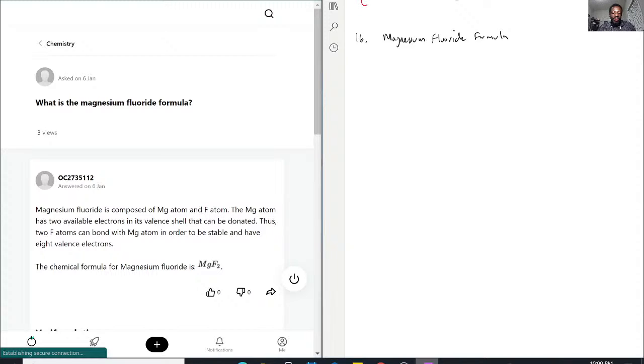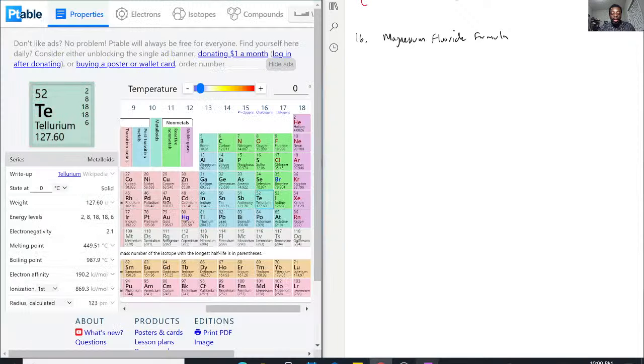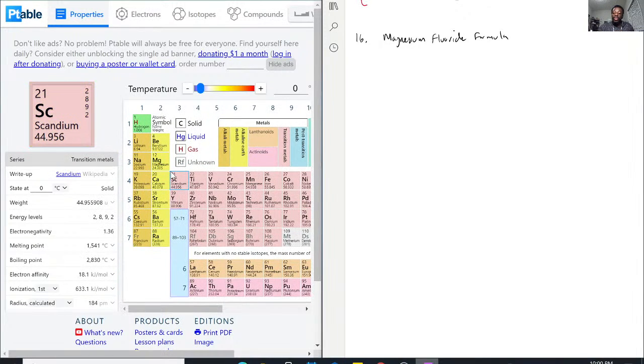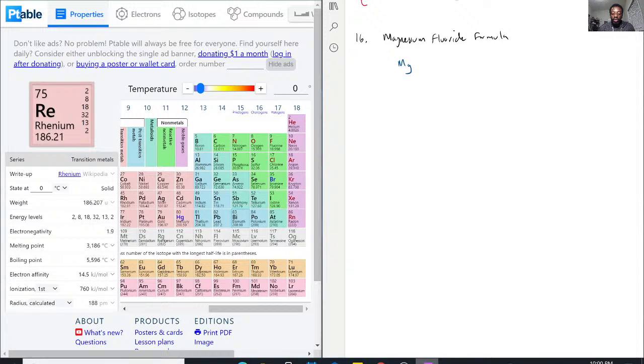So with that being said, we'll refer to our nice and handy periodic table, because we want to see what type of molecule this is. The type of molecule does affect how we're going to write it down based on the name. So magnesium fluoride looks like it has a magnesium and a fluorine.